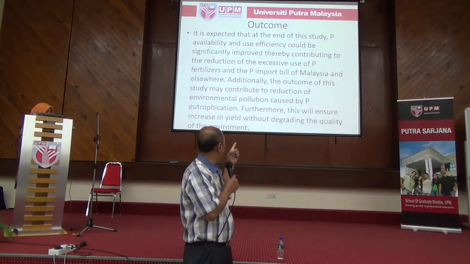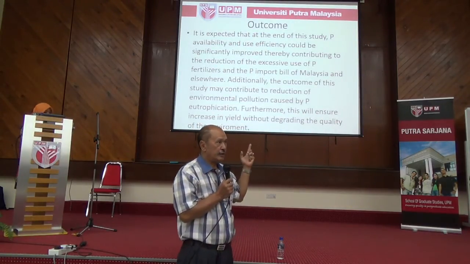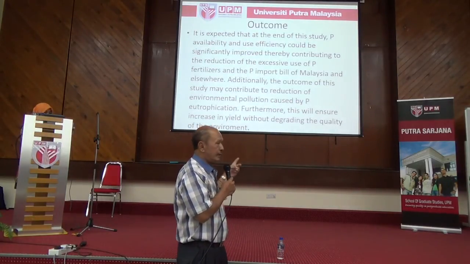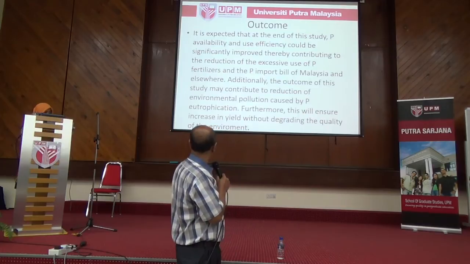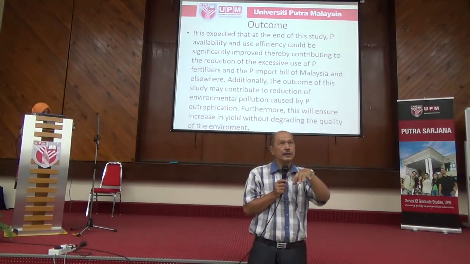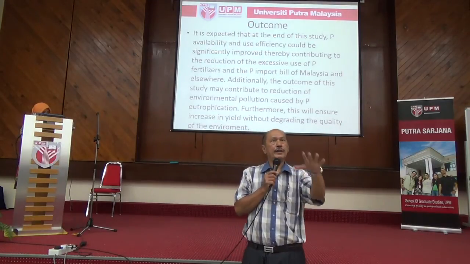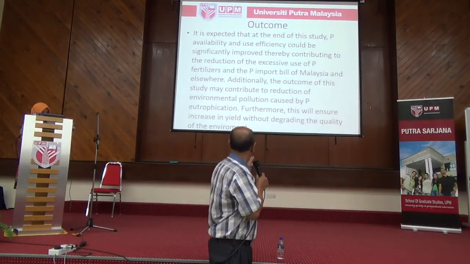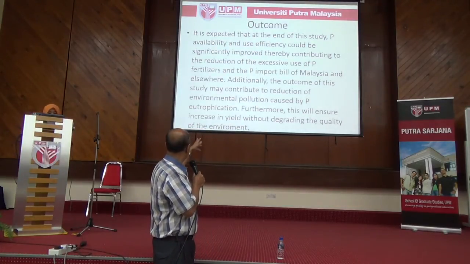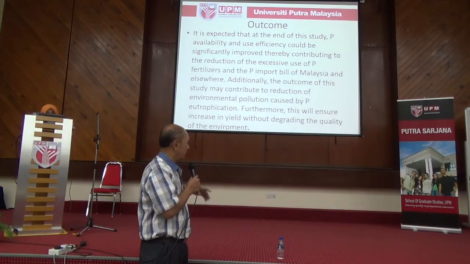So there's an economic contribution, reducing import bill in Malaysia. And the outcome is also towards environment. This is cross-discipline. It will help in the environment because we are using less chemical fertilizer, reduction of environmental pollution by phosphorus eutrophication.